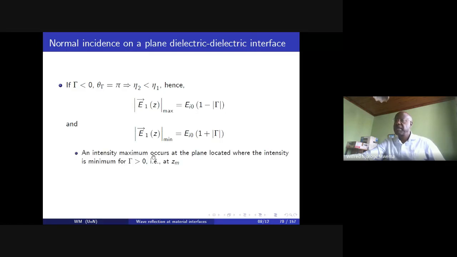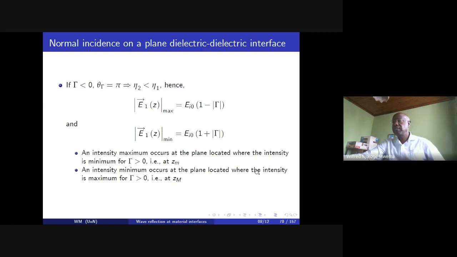So an intensity maximum will occur at the plane located where the intensity is a minimum for gamma greater than 0, and an intensity minimum will occur at a plane located where the intensity is a maximum for gamma greater than 0. Okay, so the only difference is that it's an interchange of the two cases that we had before.